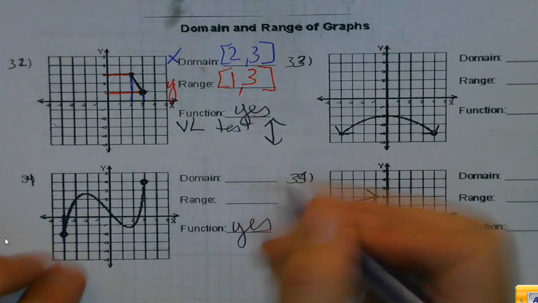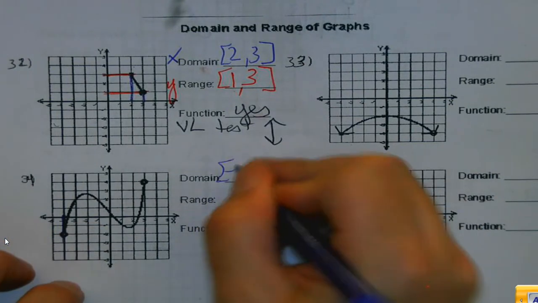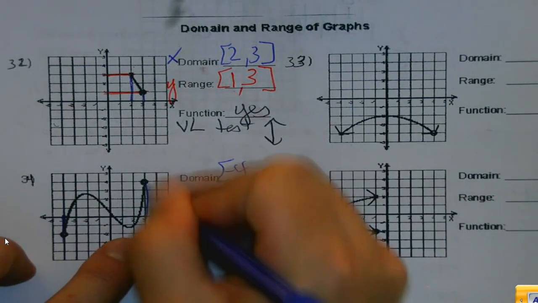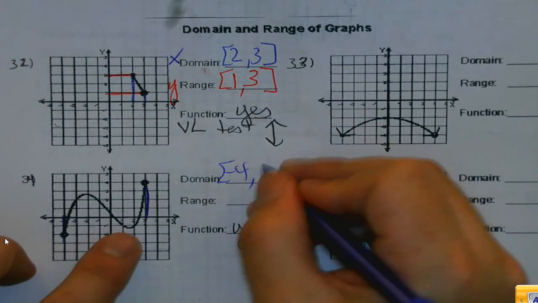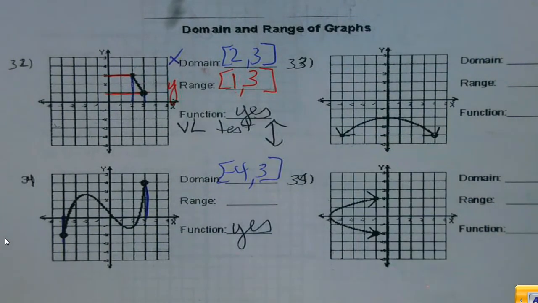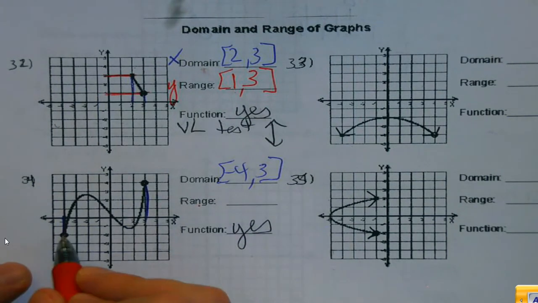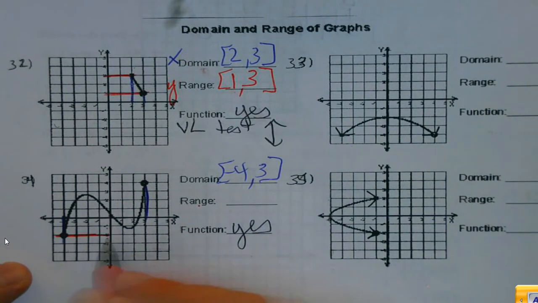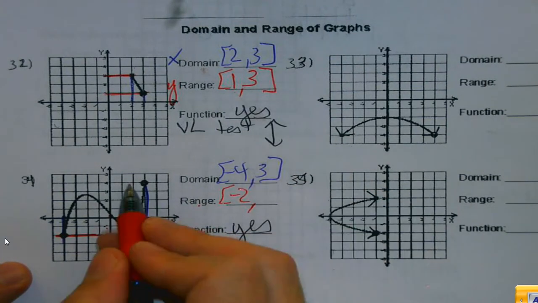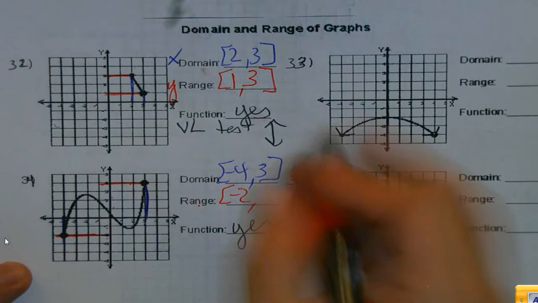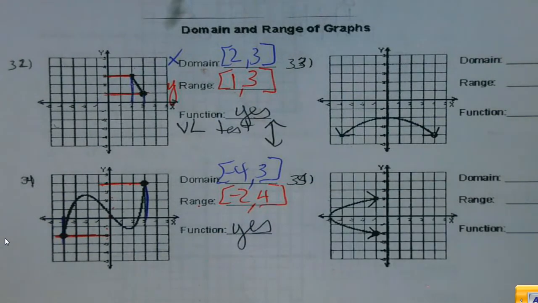Left. 2, 3, 4, negative 4, to right. And again, notice even with the colors I'm doing this, you can do that. Shoot, it's your test. You mark all over it. Range, bottom, -2, to top, 4.